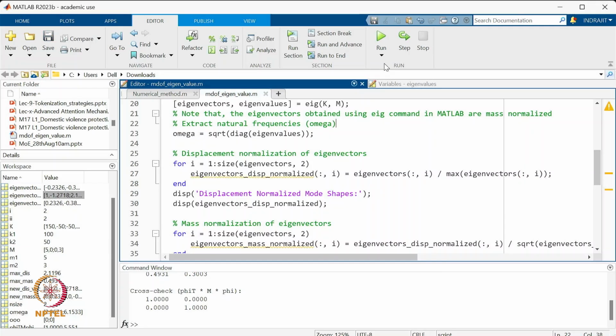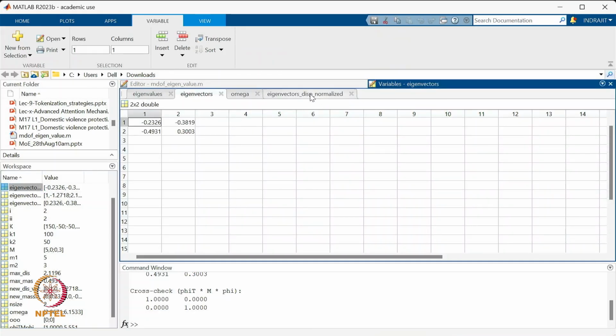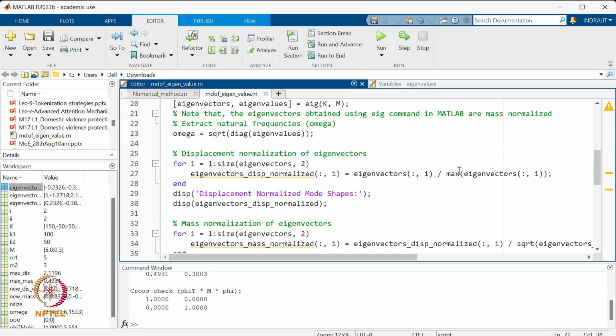Okay, now let's see what the eigenvectors look like. Now you see, that also did not happen. Oh, no. It is not only the max, it should be abs max.